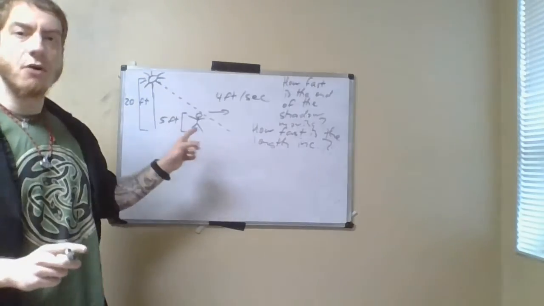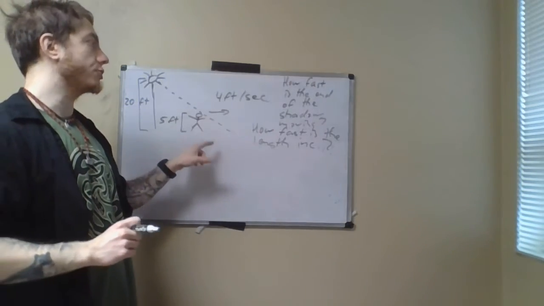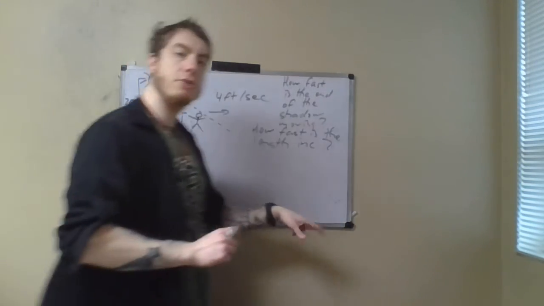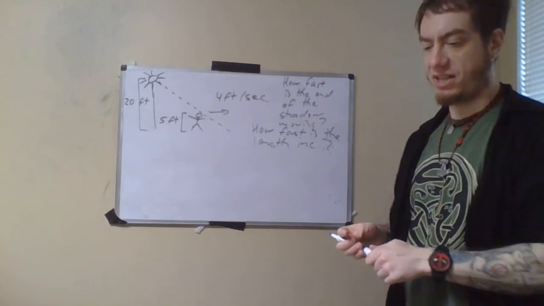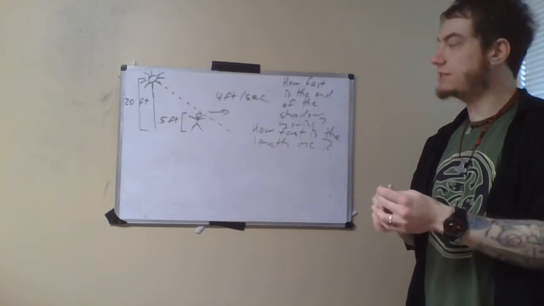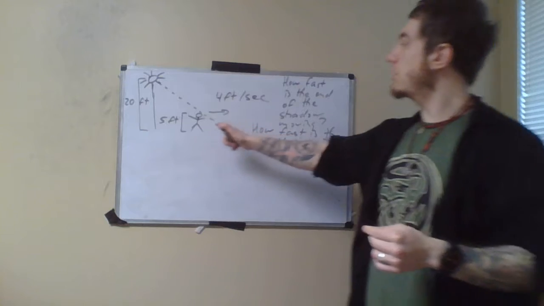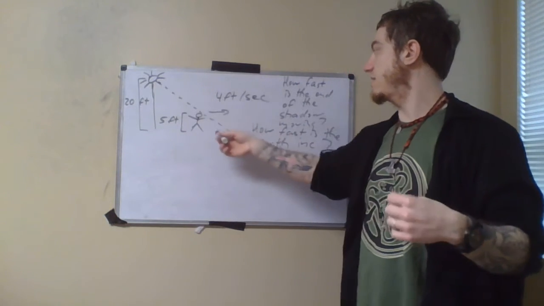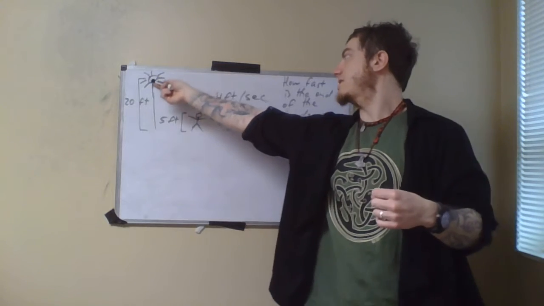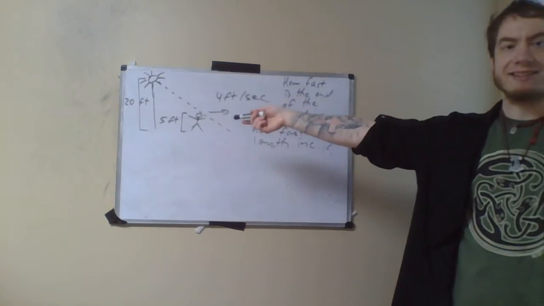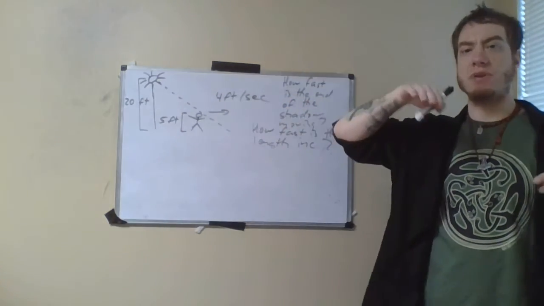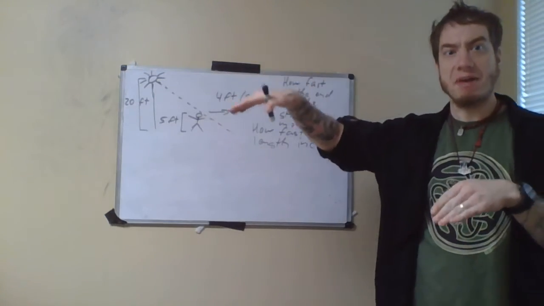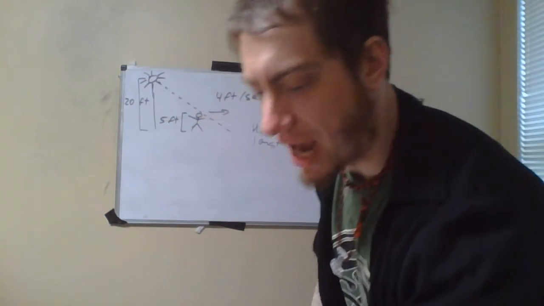One is the question of how fast the end of the shadow is actually moving along the ground, but then there's the question of how fast the shadow is getting longer? Because as you walk away from a light, you're going to be making your shadow get longer, right? As we increase this, the line that's casting the shadow is going to be less steep, and this is going to result in a longer shadow.